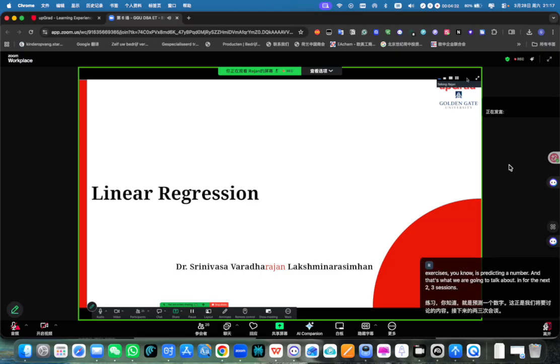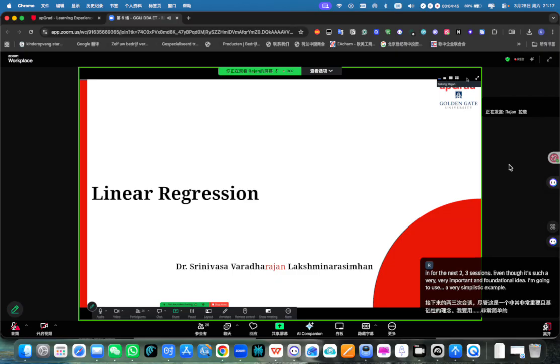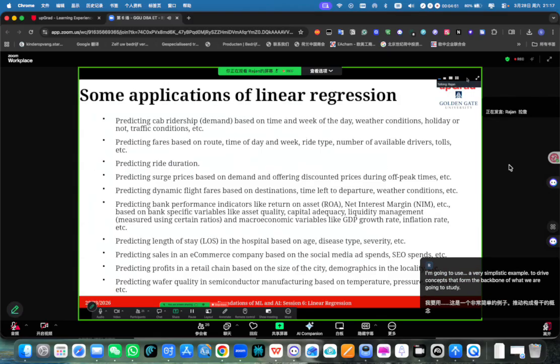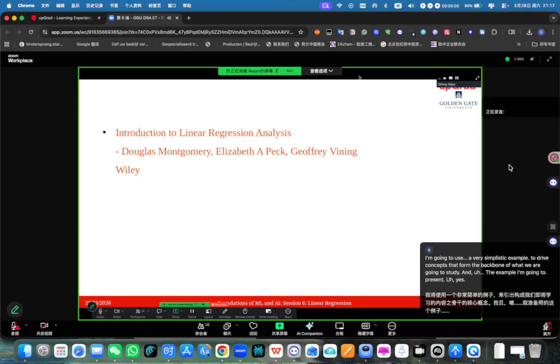Even though it's such a very, very important and foundational idea, I'm going to use a very simplistic example to drive concepts that form the backbone of what we are going to study. The example I'm going to present is actually from this book.